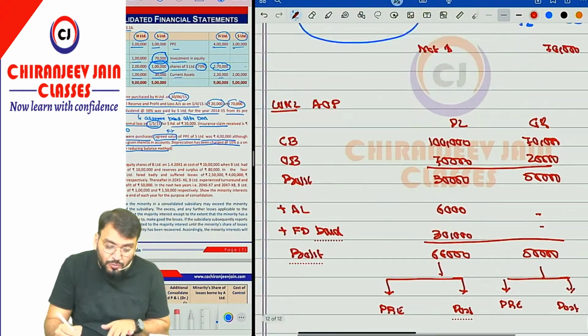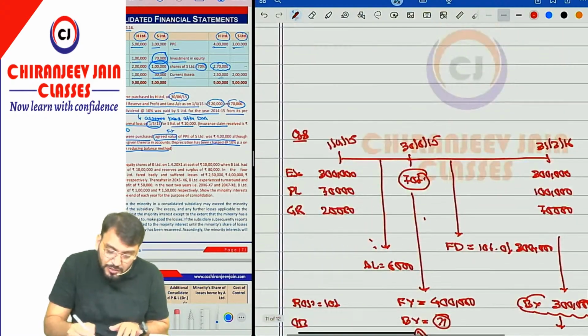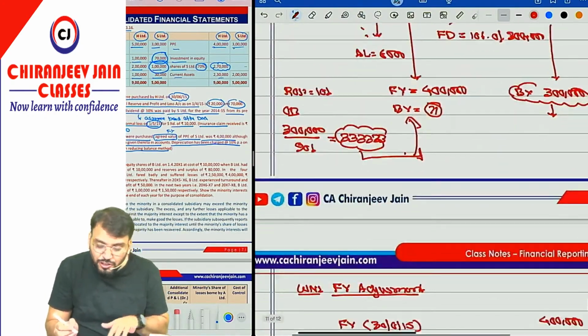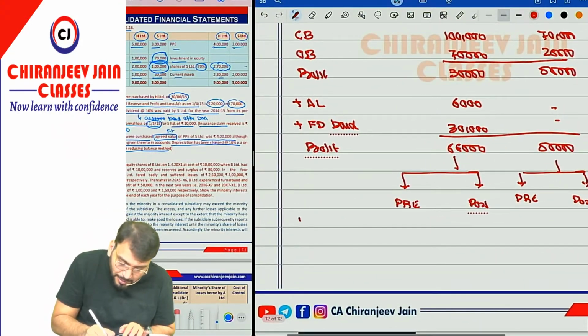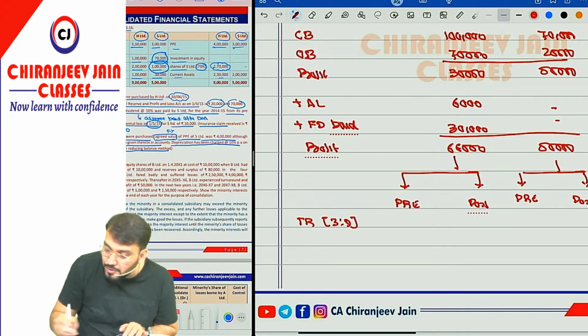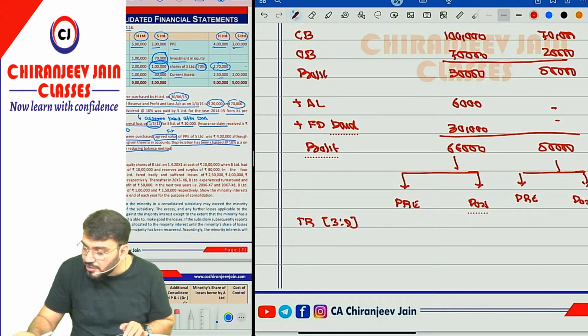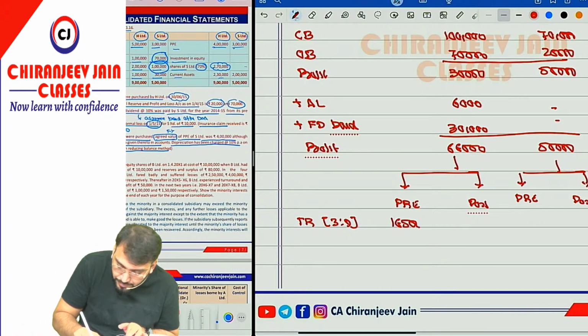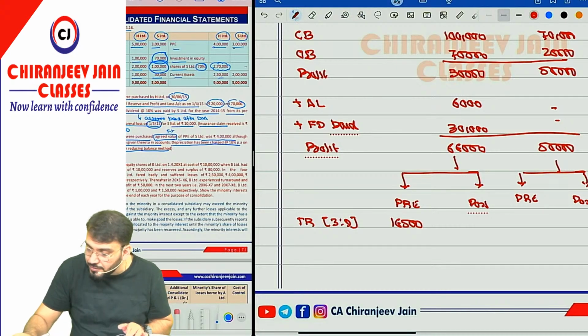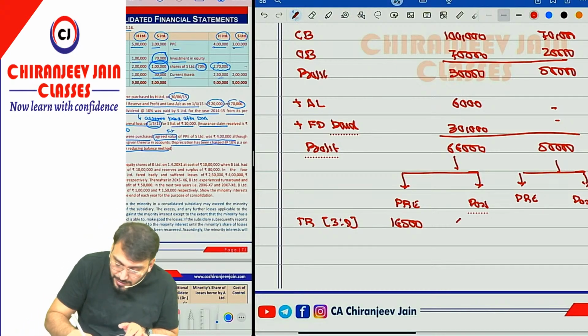Now the time ratio is what? This is 3:9. Time ratio is 3:9. So allocate. In time ratio it will be allocated 3:9. So 66,000 into 3 divided by 12. How much? 16,500. Correct. This is 49,500.